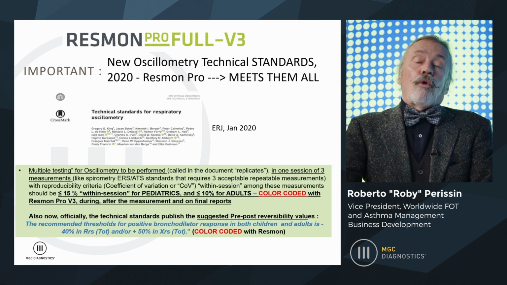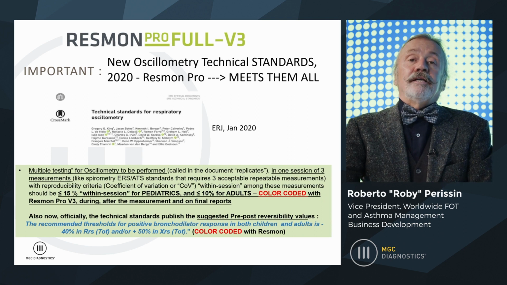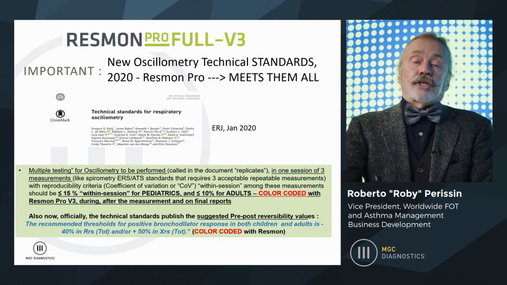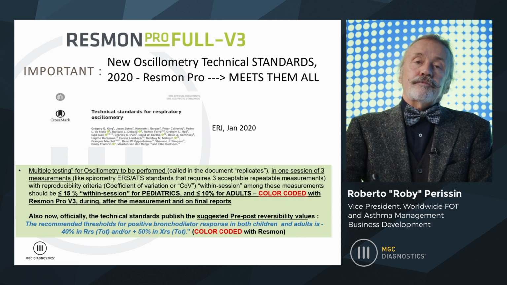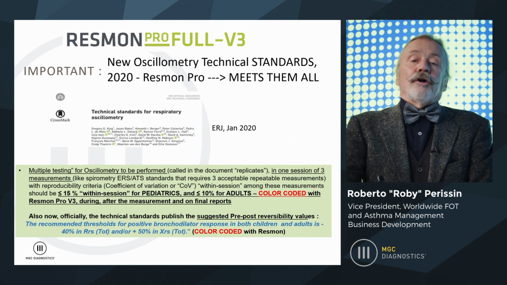What's very important is that there is a coefficient of variation, an index of variability, and the device will actually tell the operator if it has been reached, which is 15% for pediatric patients and plus or minus 10% for adult patients.